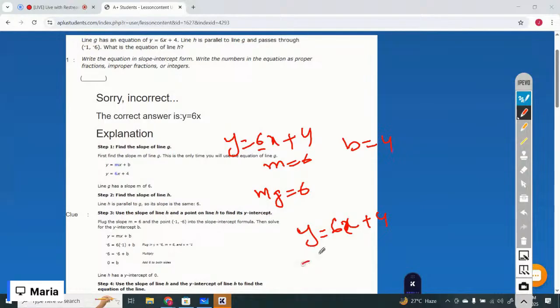Y is -6 equals 6 times -1 plus b. Sorry, we have to calculate b. -6 plus 6 is 0. So the equation is y equals 6x.